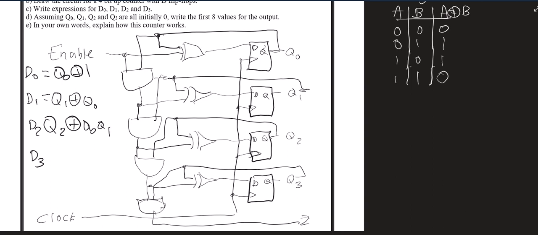And then D3 is going to be Q3 exclusive OR, and then this AND is the AND of Q2 and Q0, Q1. So this is Q0, Q1, Q2.